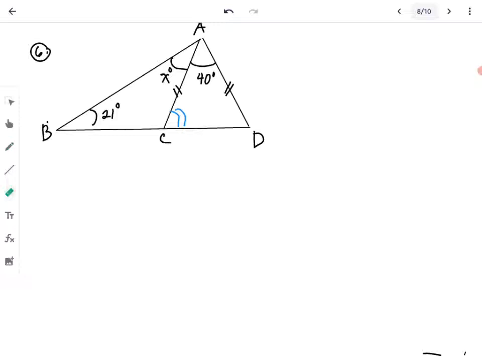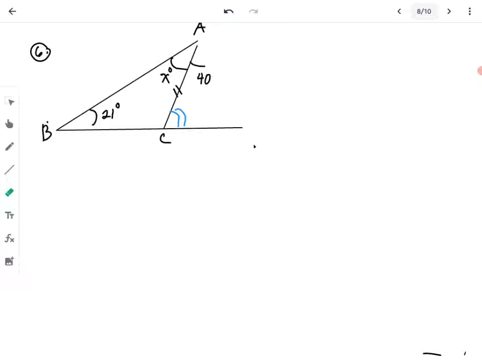If you erase this line, the angle ACD, which is marked blue, is actually an exterior angle, and we can make an equation of that using the x degrees and the 21 degrees. So that we can solve for x.